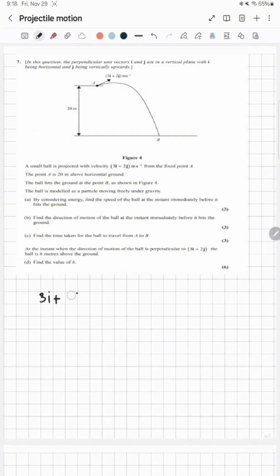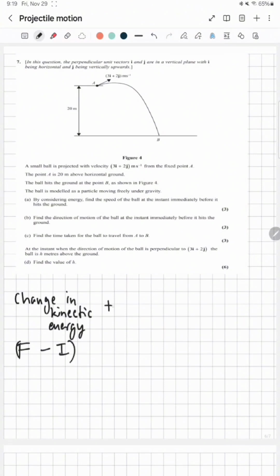So then, for the energy conversion formula, just write it down. Change in kinetic energy, which is final minus the initial, plus, when it comes to potential energy, I'm talking about mgh.